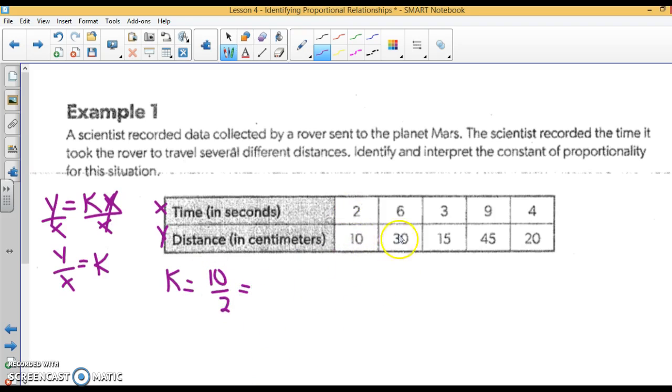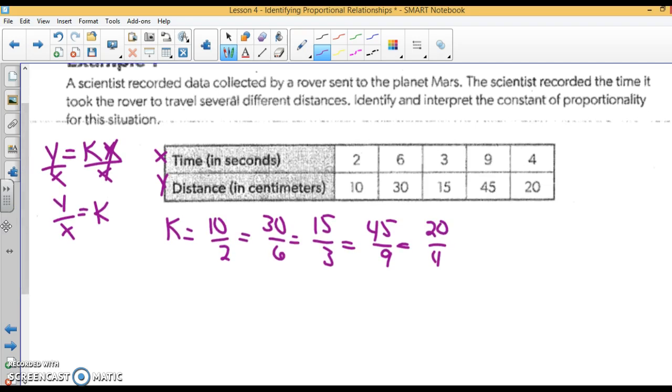Is that the same as 30 over 6? Is that the same as 15 over 3? Is that the same as 45 over 9? Is that the same as 20 over 4? Now, if you divide those, you're going to get 5 for every single one. That's going to be 5, 5, 5, 5, 5. So, K is 5.